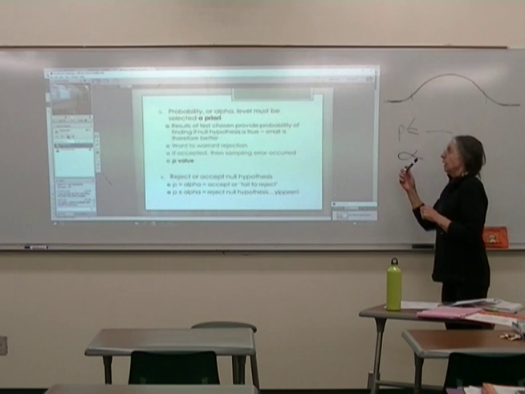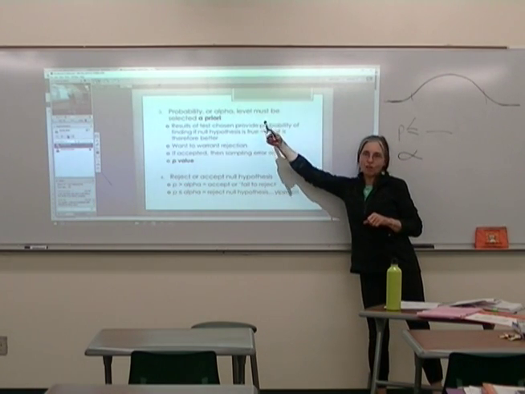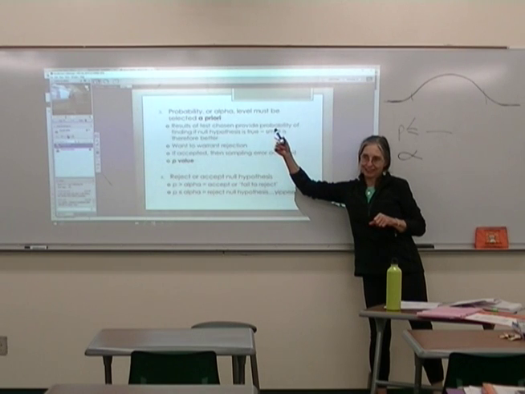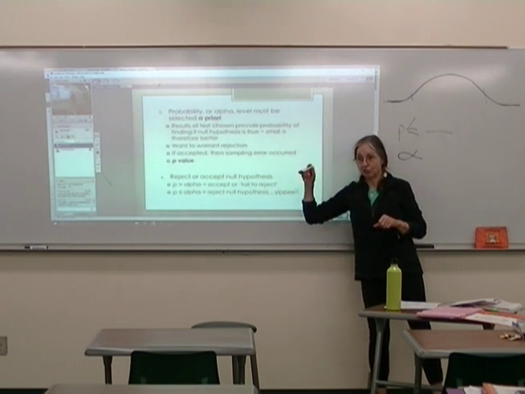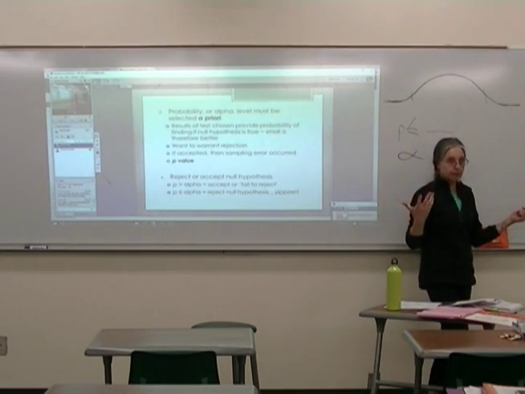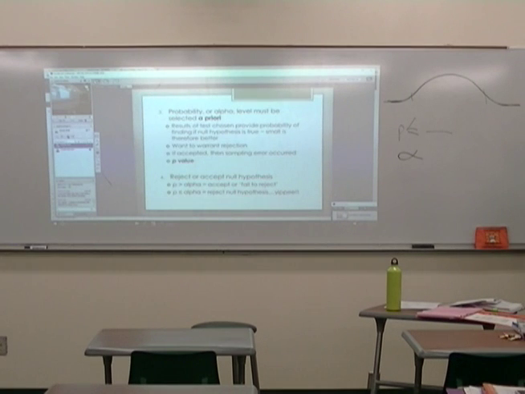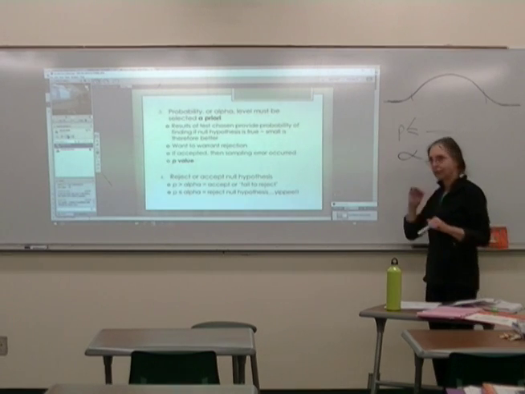I have to say, I have seen people change alpha after the effect because they didn't get any significance, and if they change alpha, they do get significance, and then it's a stronger study to report. That's cheating. Do not do that. Okay?